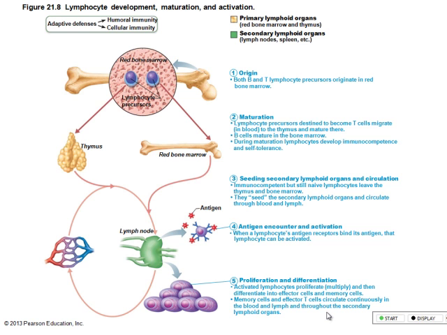Antigens are going to encounter these cells through their travels. So, when I get a nasty virus in my body, when antigen comes to visit, she's going to take over cells and start reproducing, eventually making more and more of that foreign invader that is going to get into my tissue fluids.